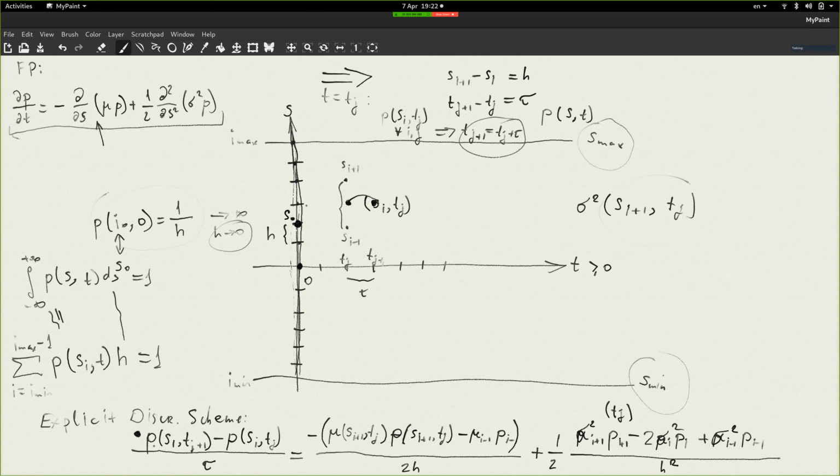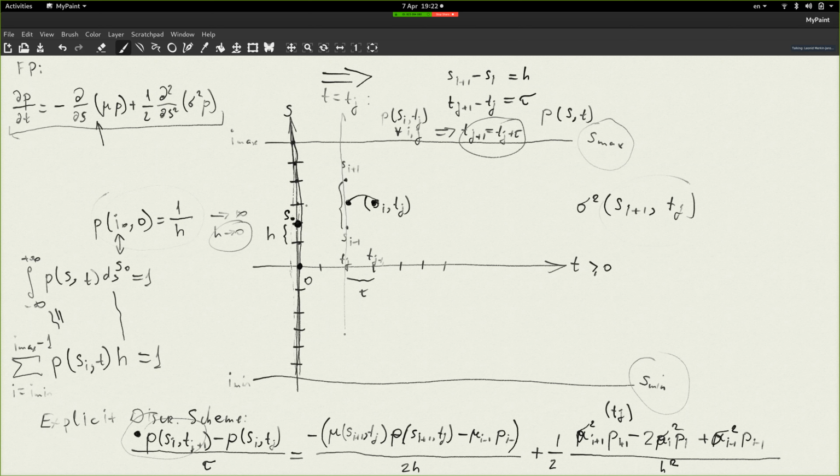So what can we do? We can simply solve this equation with respect to this unknown quantity, and that's why when we know the values of our function at tj, we then obtain the values of our function at tj plus 1 as well.